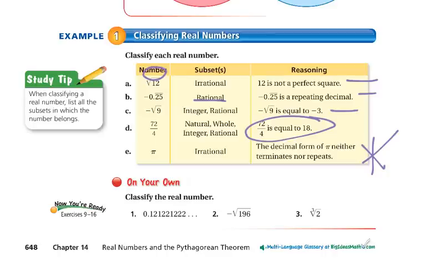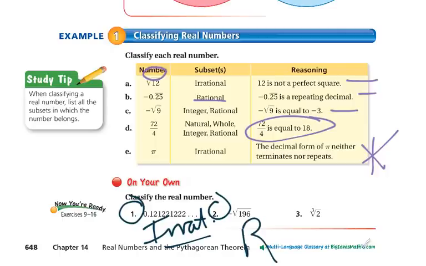Okay, if you look at number one right here, that decimal is considered irrational. It's irrational because it's a decimal that doesn't repeat and it doesn't end, so that makes it irrational. Number 2 is considered rational.